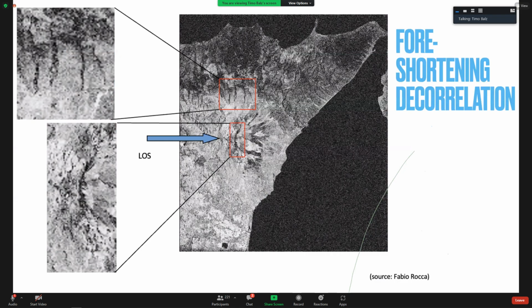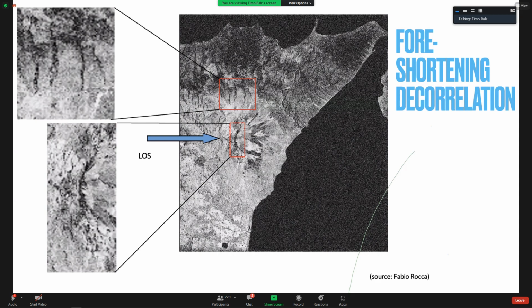The one part of geometric coherence loss would be foreshortening decorrelation. When we have, for example, a mountain, the mountain side looking toward the sensor is going to be shortened in the image in this foreshortening effect, which leads to a decorrelation, so-called foreshortening decorrelation, which is also a form of geometric decorrelation related to the geometry of the topography of the mountain.